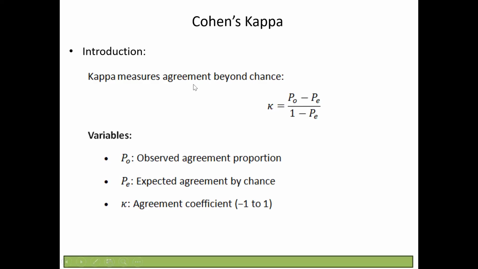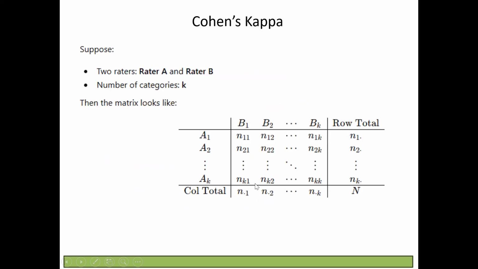Kappa measures agreement beyond chance. If P sub O is the observed agreement proportion and P sub E is the expected agreement by chance, then this is the formula for kappa, and kappa varies from -1 to 1.